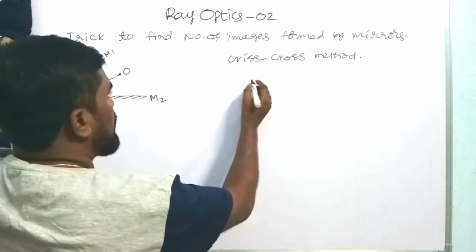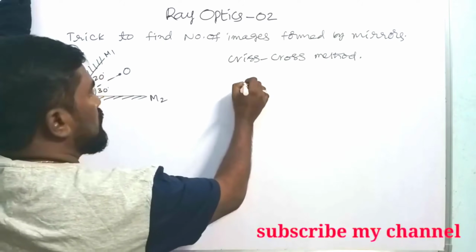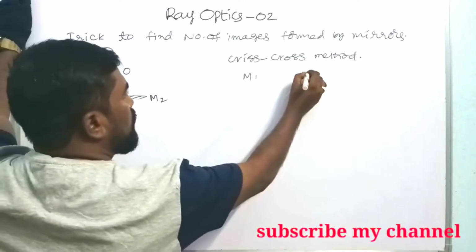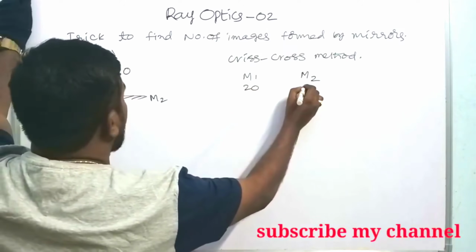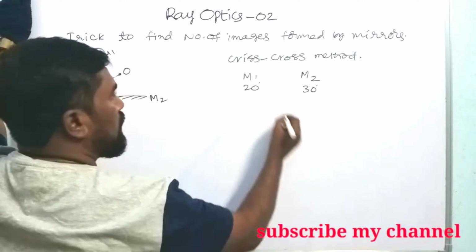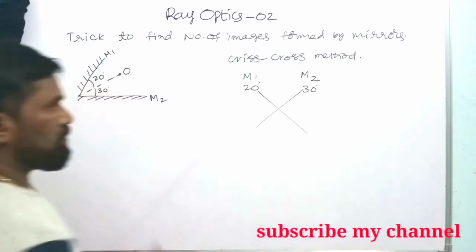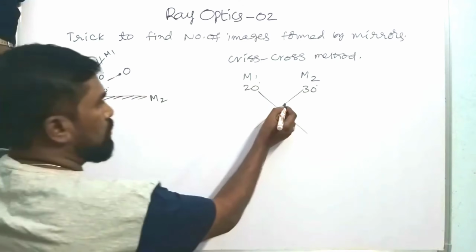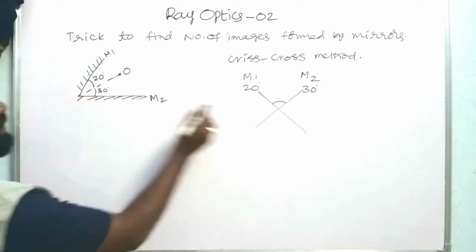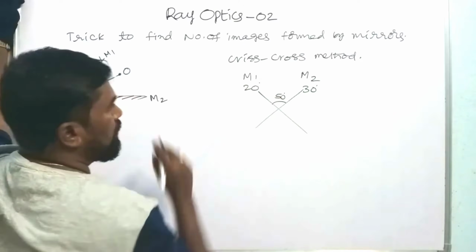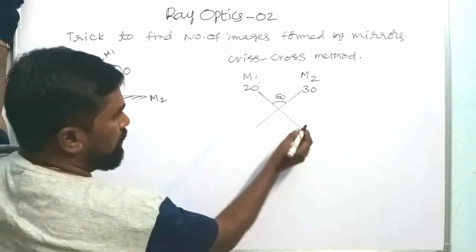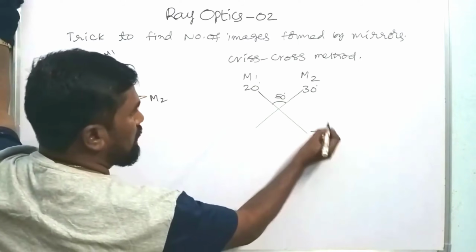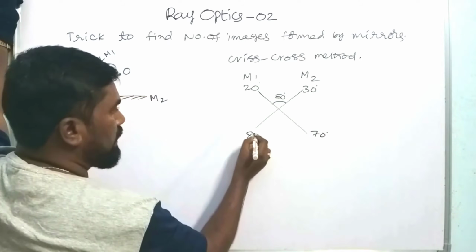At first you have to write, this is M1, this is M2. M1 is 20 degrees, M2 is 30 degrees. Just crisscross. Here the total is 50 degrees. Now add 20 plus 50, that is 70 degrees. 30 plus 50, that is 80 degrees.